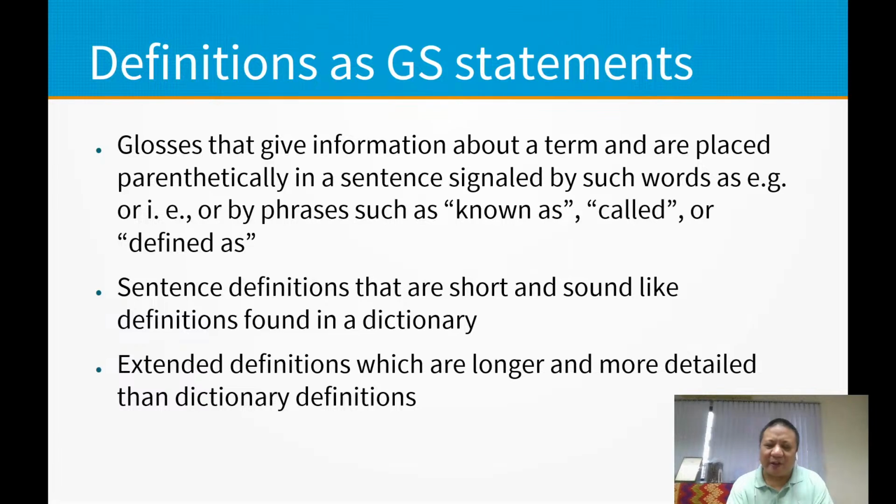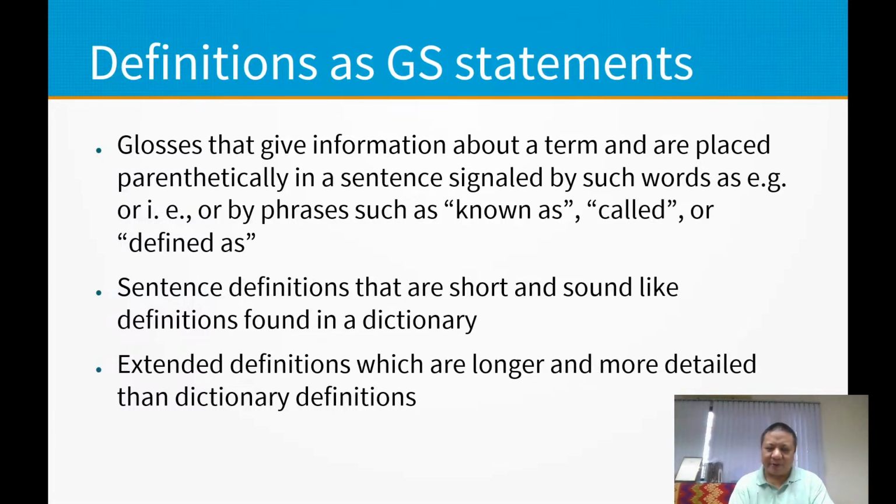Definitions that serve as general to specific statements could also be sentence definitions that are short and sound like definitions found in a dictionary. However, there are what we call extended definitions. Extended definitions are longer and more detailed than dictionary definitions.